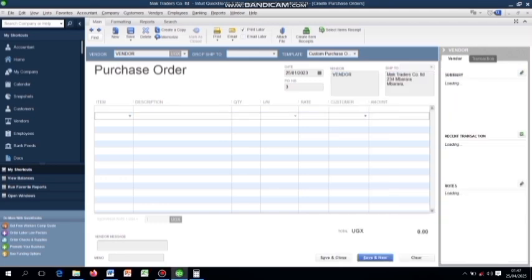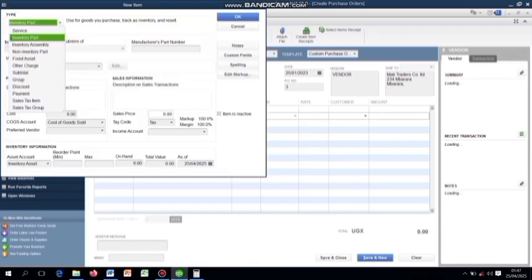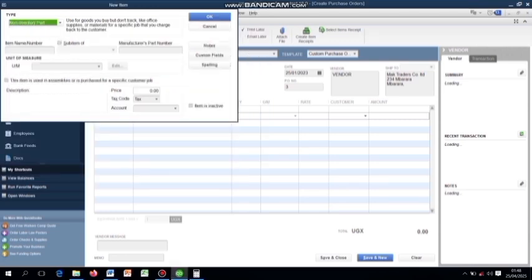So purchase order. After I'm going to come here and I add a new thing he bought, so I'll add a new. So this is not an inventory part, so I will choose this non-inventory part and say goods buy but don't track, like office supplies, materials. So I write the name, which is computer. So manufacturer part, I write IV004.